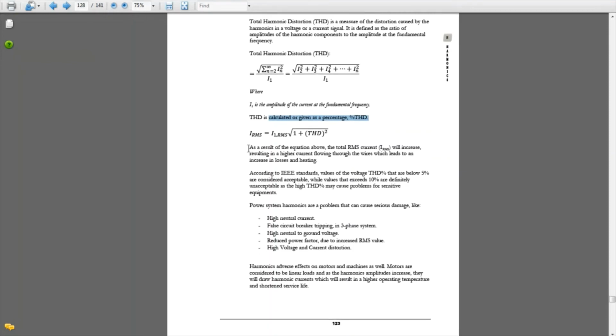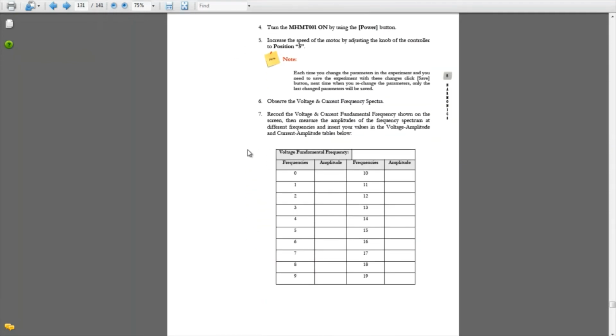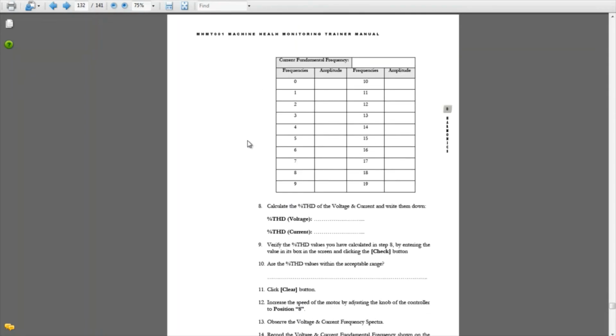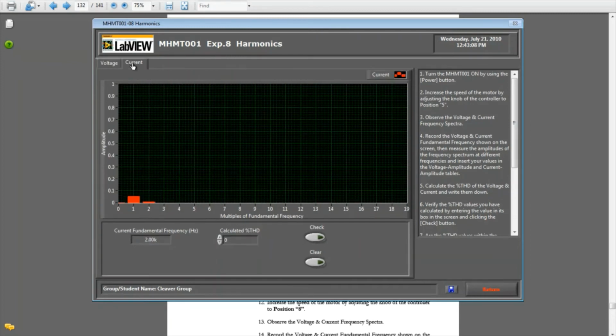Same thing, if you are done with the voltage, we will do the current side. So again, we have another table for current, and if I run the system, I go to current this time, run. So I have the amplitude of current, and I will be able to measure the value of the fundamental frequency and its amplitude, and the same for the other harmonics.